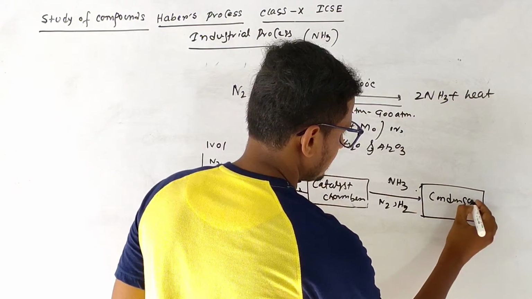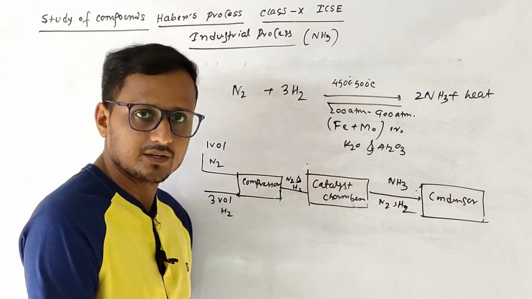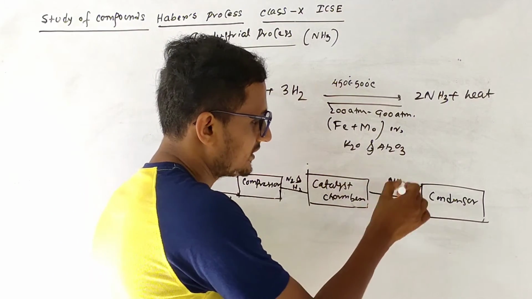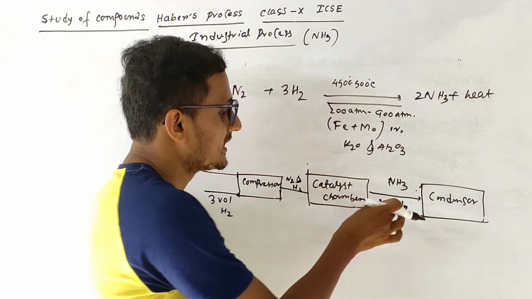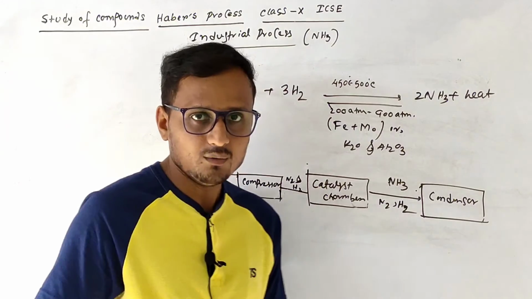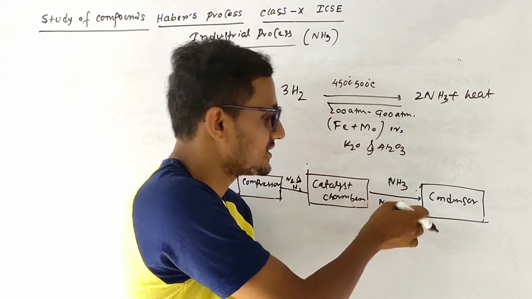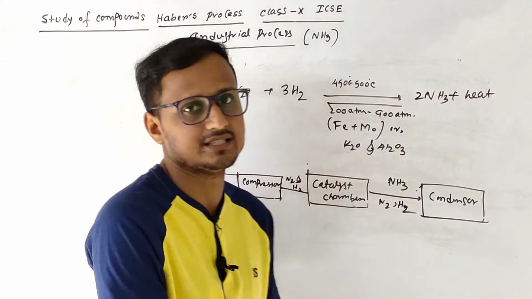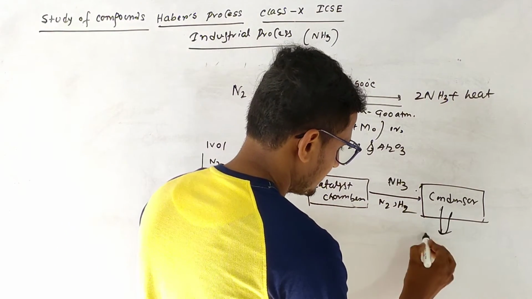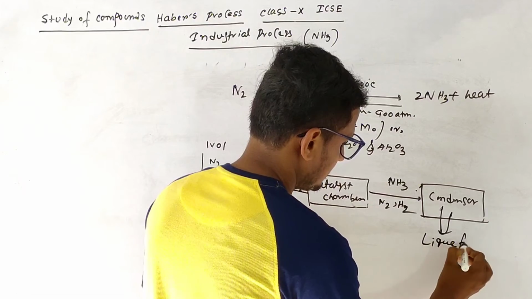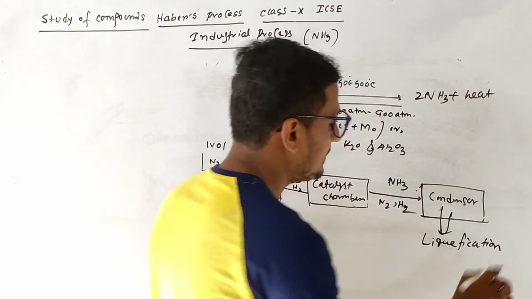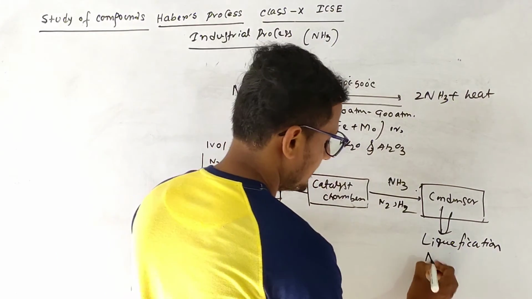Now this condenser contains some ammonia with nitrogen and hydrogen. Now to separate ammonia from this mixture of nitrogen and hydrogen, we have to liquefy this gas. So liquefaction. After liquefaction we have got ammonia.